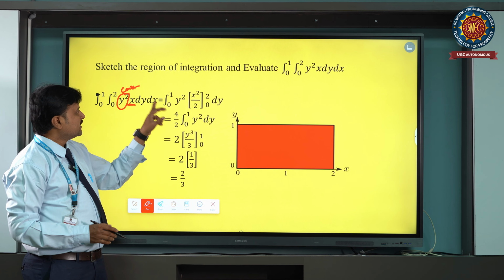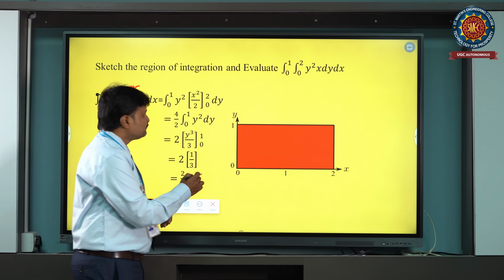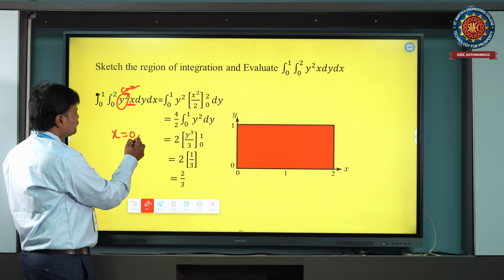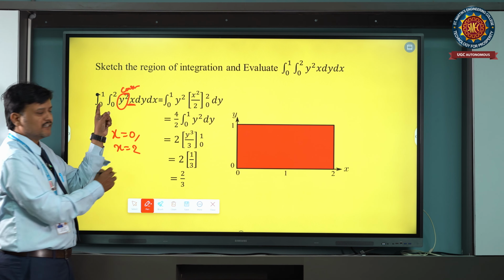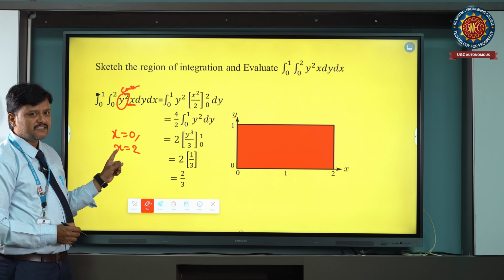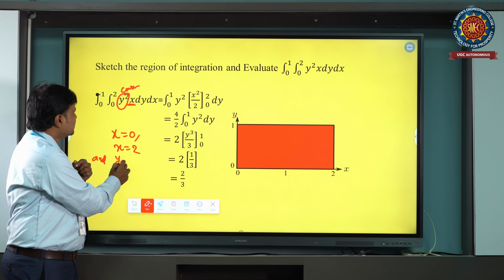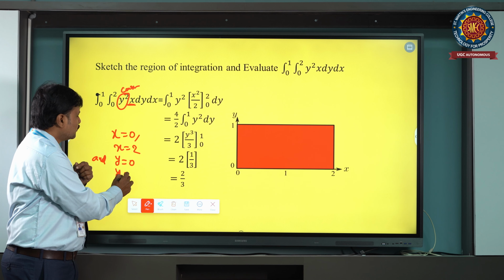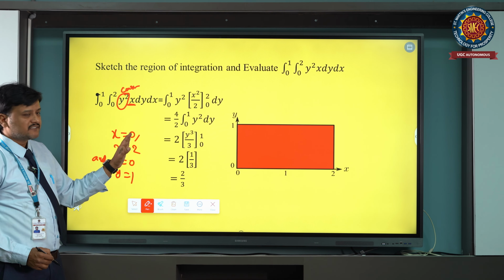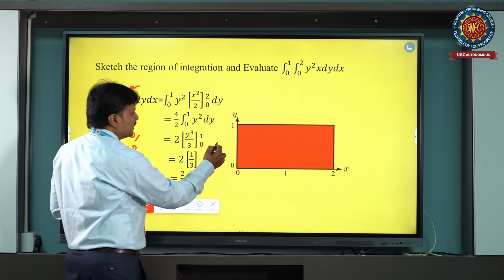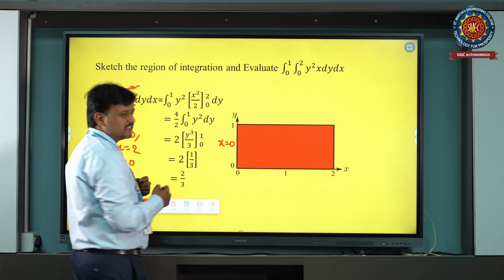You can see the limits of integration here. Interior limits are x is equal to 0, x is equal to 2, and exterior limits are y is equal to 0, y is equal to 1. So x is equal to 0 is nothing but the y-axis; on the y-axis the x coordinate is 0.